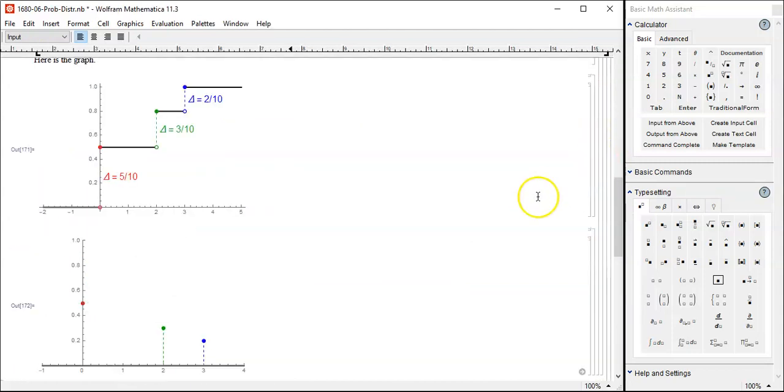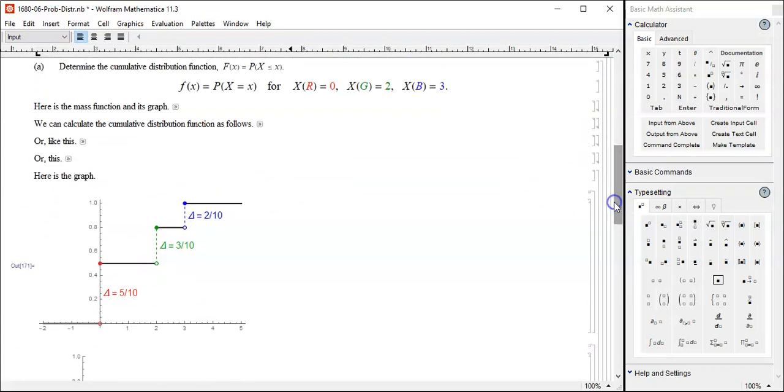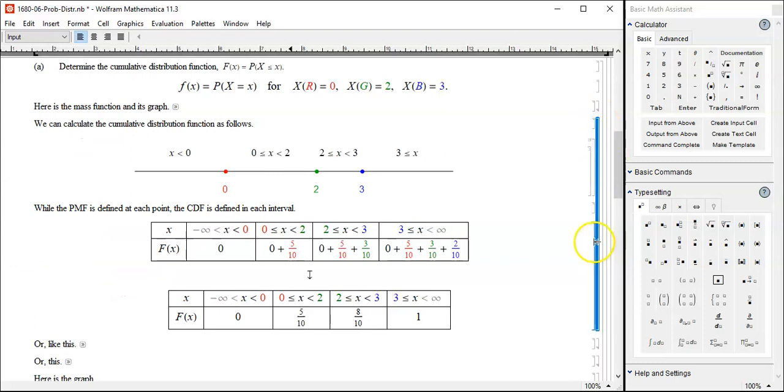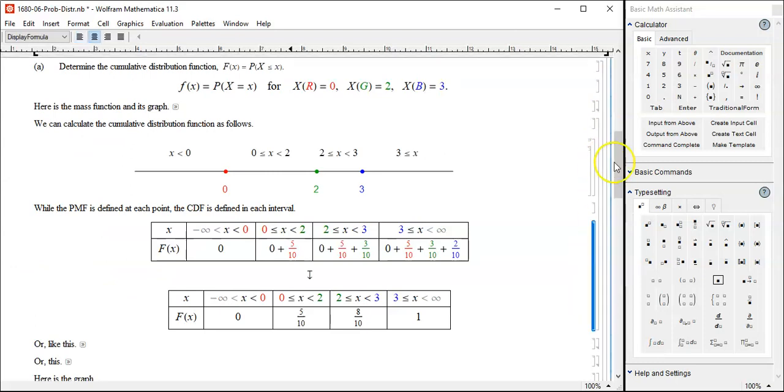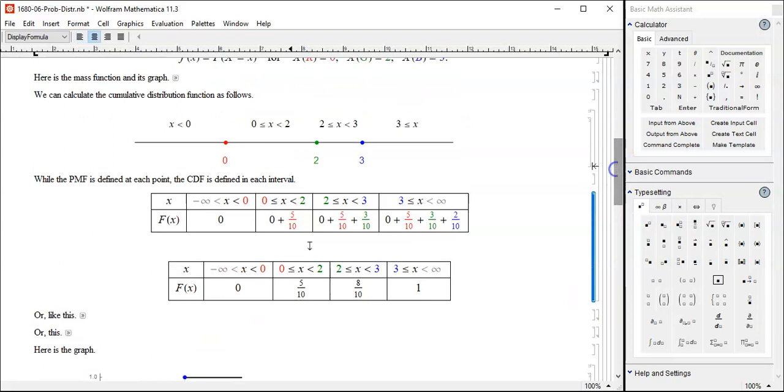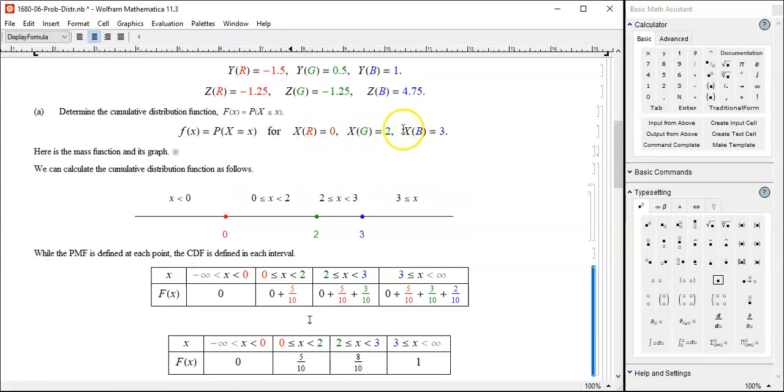Finally, here's a graph. Let's bring back this tabular expression. Okay, we have these 3 numbers corresponding to these 3 points, red, green, and blue.